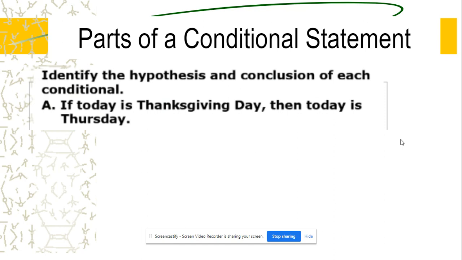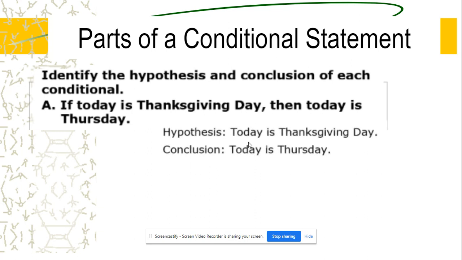So let's look at some parts. Let's identify the hypothesis and the conclusion of each conditional statement. Again, we remember it's conditional because it is an if-then statement. So if today is Thanksgiving Day, then today is Thursday. The hypothesis, today is Thanksgiving Day.